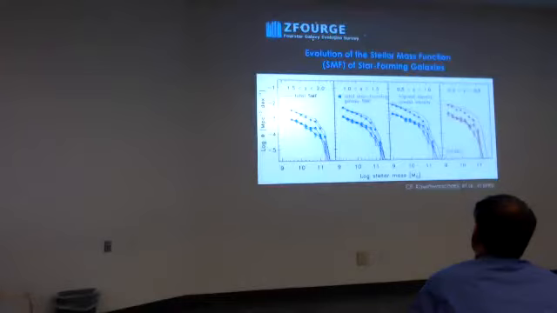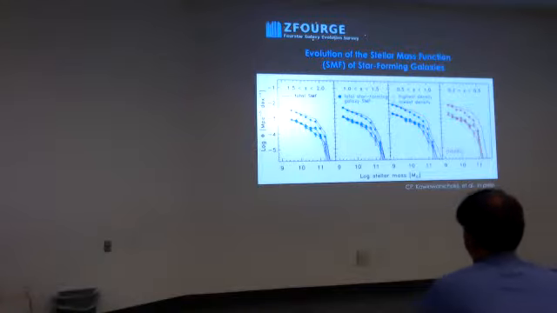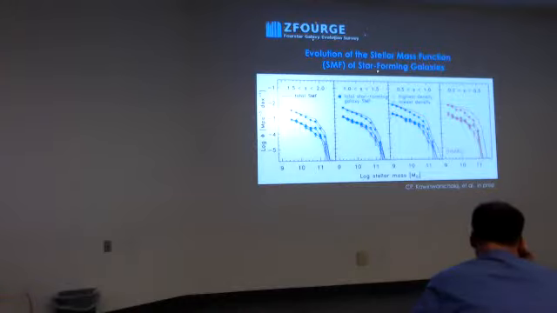Okay. Now I want to turn my attention to the stellar mass function, and we think we have a picture for how the evolution of the stellar mass function is giving us a lot of hints about what's going on with the environmental quenching. Here we're showing the evolution of the stellar mass function as a function of density for star-forming galaxies. For our data, the arrow of time here is actually backwards.